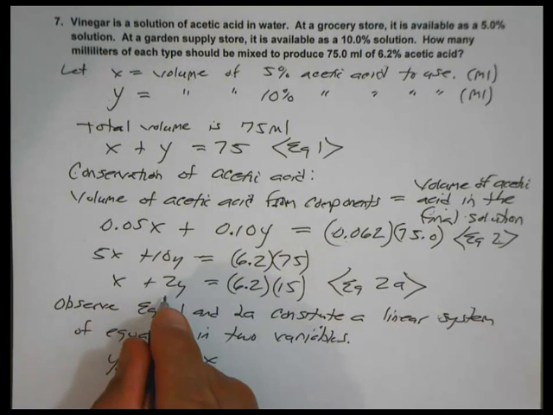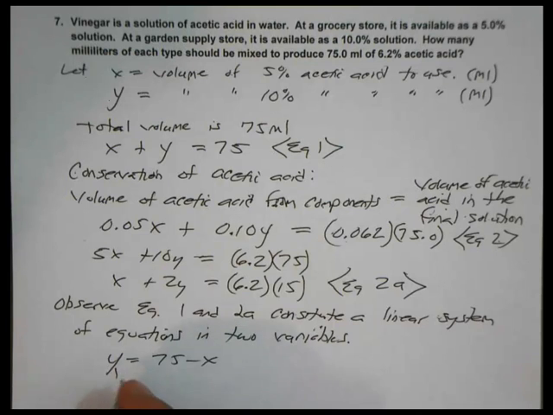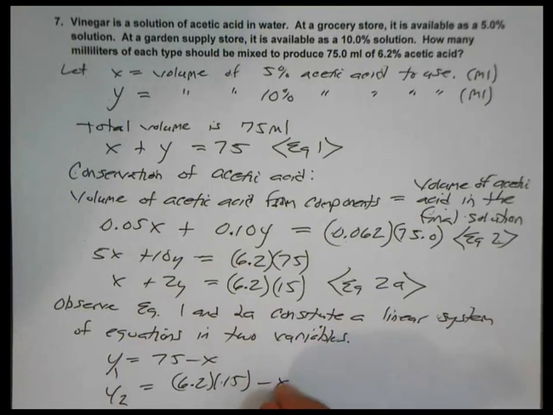The second equation, we would subtract x from both sides and divide both sides by 2. y sub 2 would equal 6.2 times 15 minus x divided by 2.